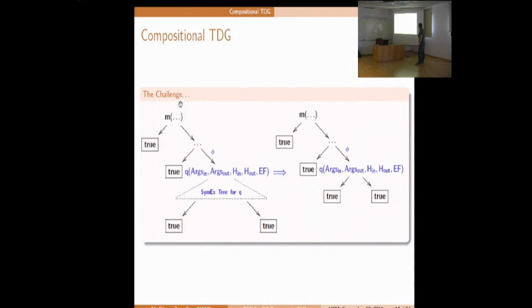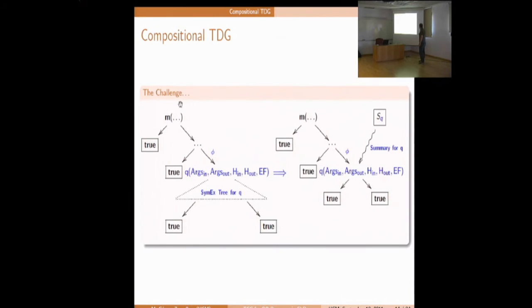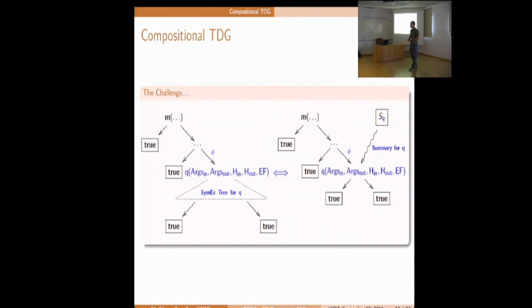What we want instead is to do this symbolic execution alone, separately, and then when I reach this point, I want to plug in the result of this separate symbolic execution that I maybe did before, and we call this a summary for Q, and then continue and obtain an equivalent result. So this is the main challenge in doing compositional symbolic execution.